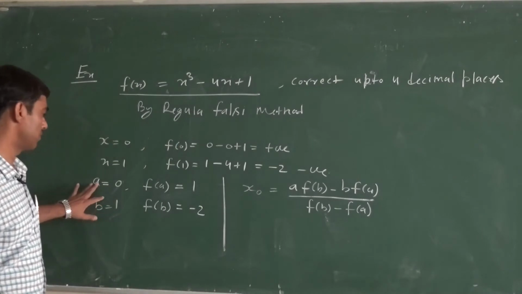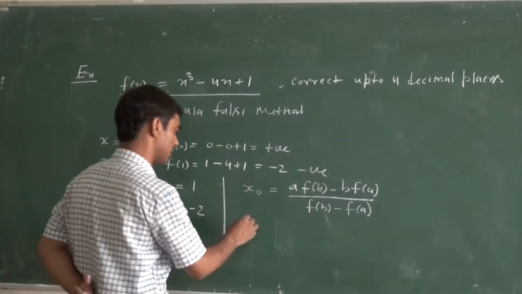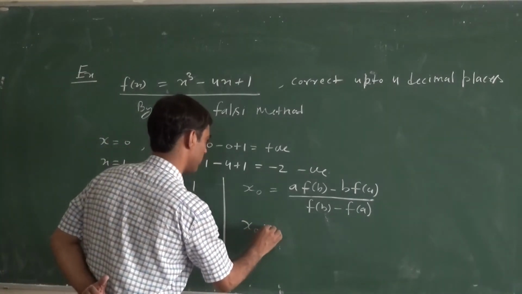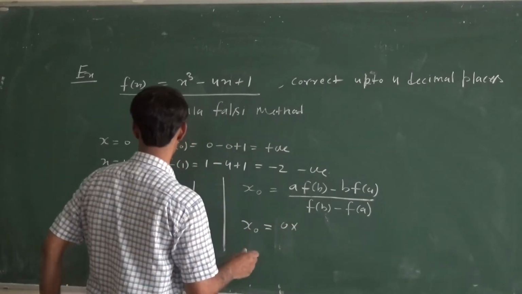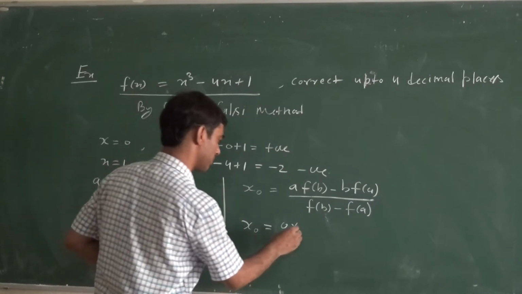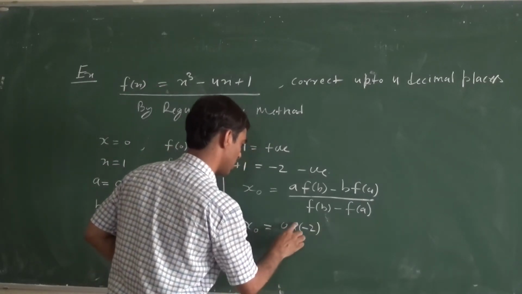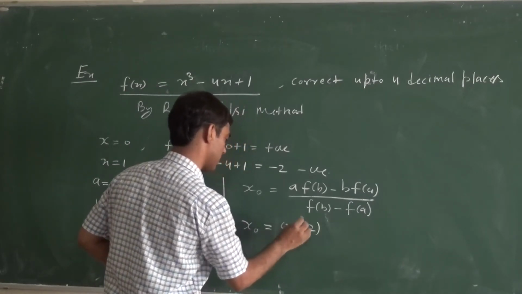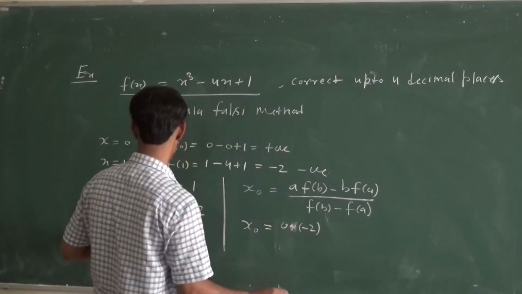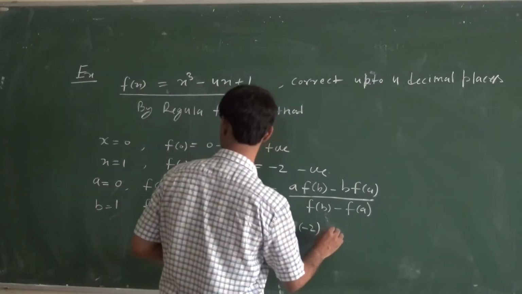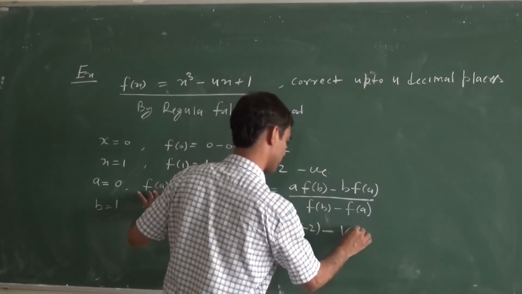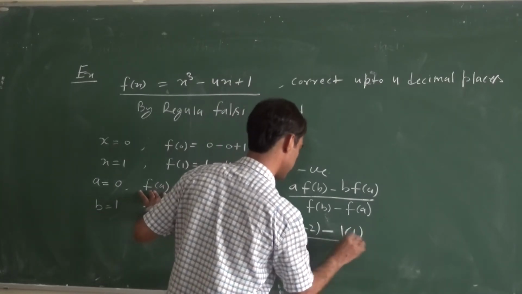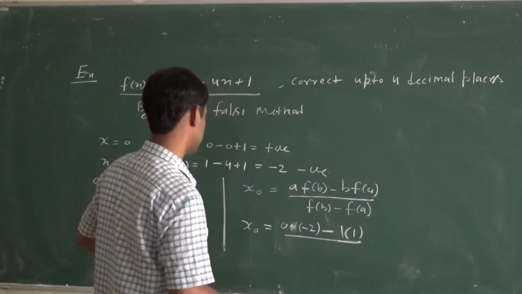Now we put in the values: x0 equals 0 into f of b, which is minus 2, minus b, which is 1, into f of a, which is 1, divided by f of b minus f of a.